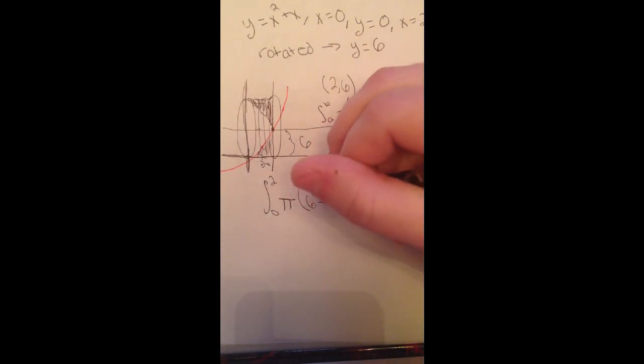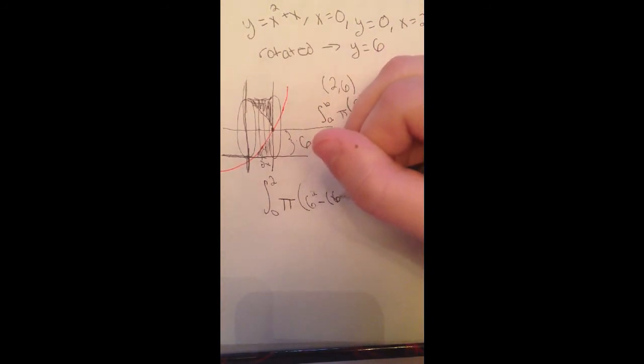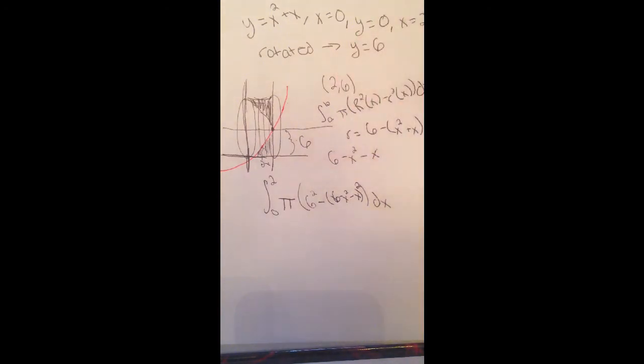So it's going to be 6 squared minus the quantity 6 minus x squared minus x, and that whole thing is squared. And then dx, like we said, is going to be the height of each cylinder.